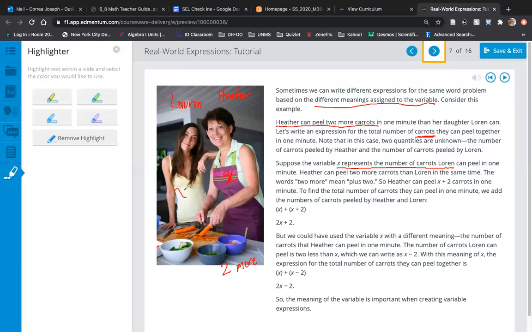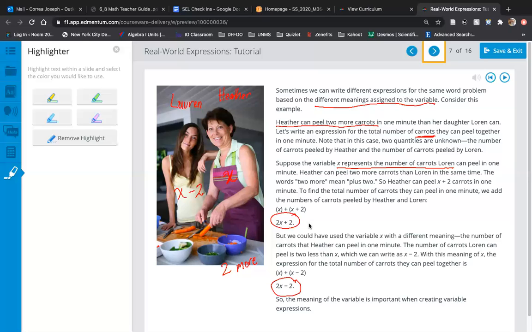So that means that I actually would have to subtract 2 carrots here. So she peels X carrots, she peels 2 less. So I end up with a different expression, right? That previous expression ended up being 2X plus 2, but now the expression that I have over here is actually 2X minus 2.